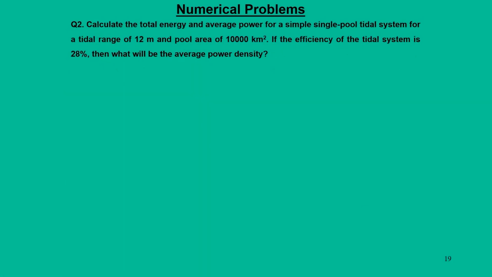Then we have the next problem, on tidal energy. For tidal energy we look at a single pool tidal system, for which the range is given as 12 meter and the pool area is 10,000 kilometer square. For that we recall our expression for the theoretical work from tidal energy for a single pool tidal system.